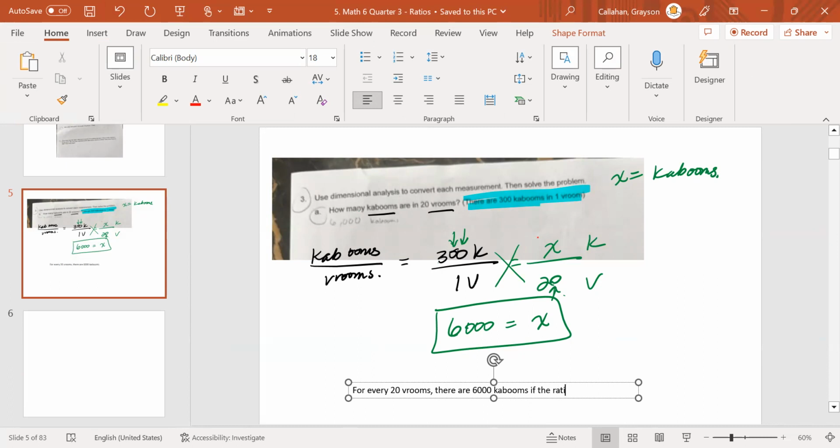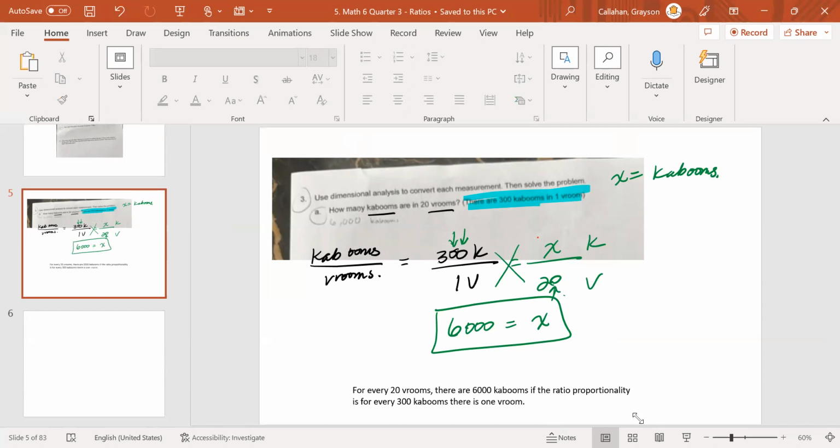If the ratio proportionality is for every 300 kabooms, there is 1 room. And if you want to make sense of this, Grayson, think about it. 300 kabooms equals 1 room, right?